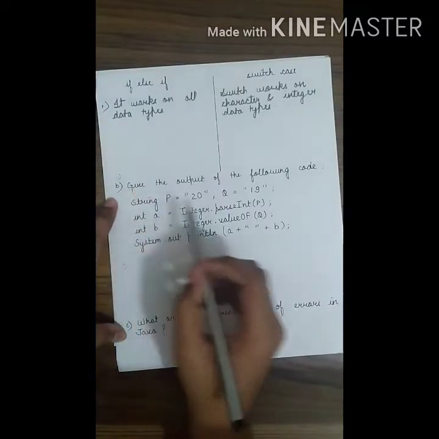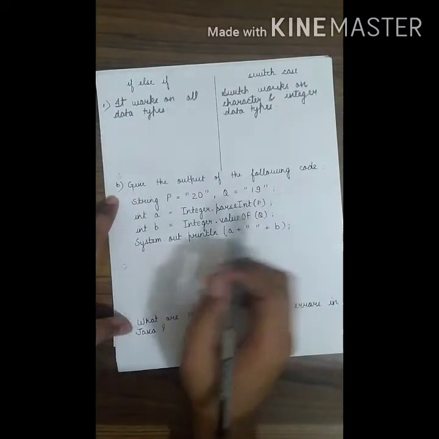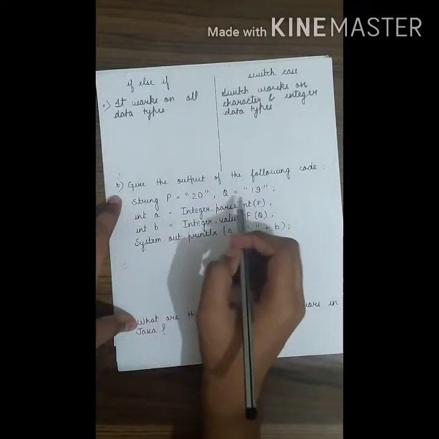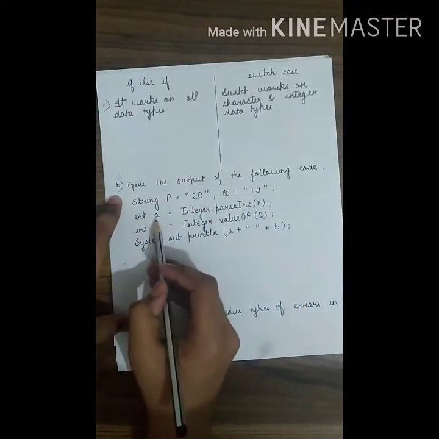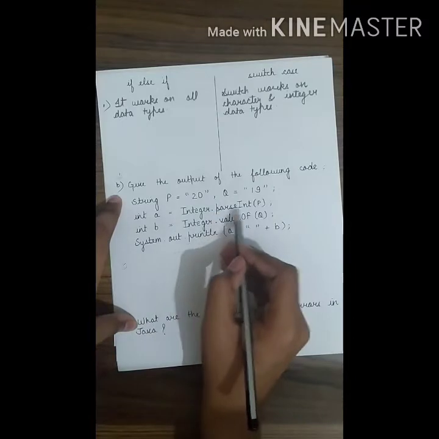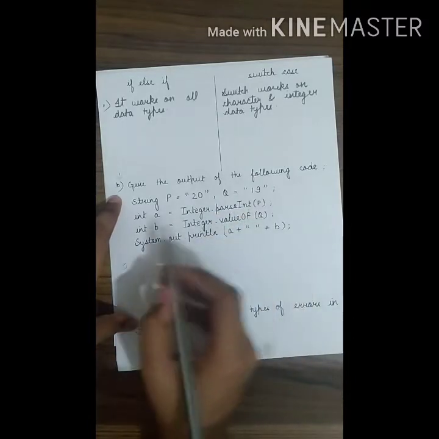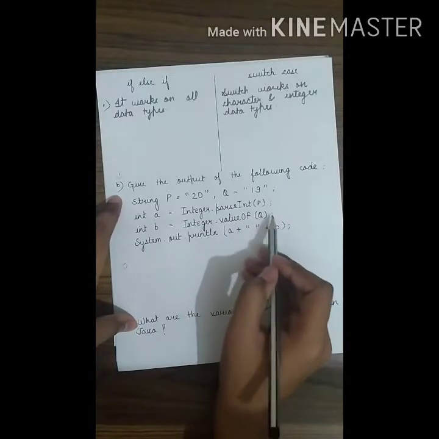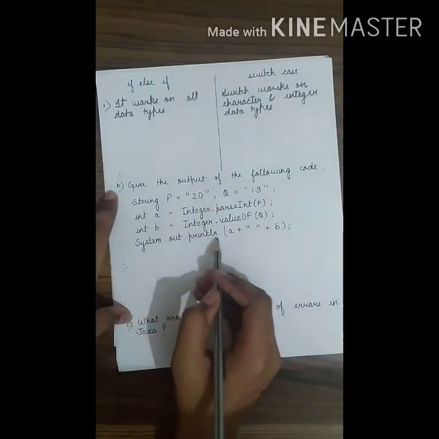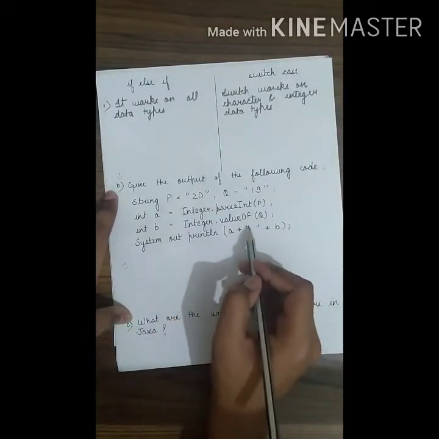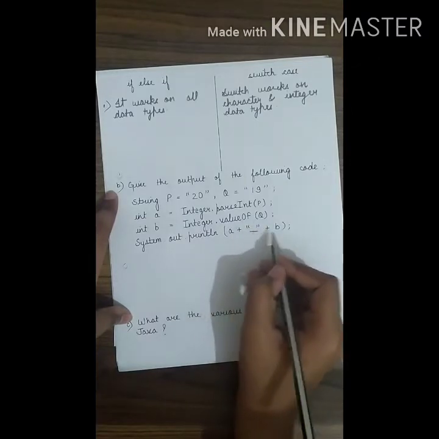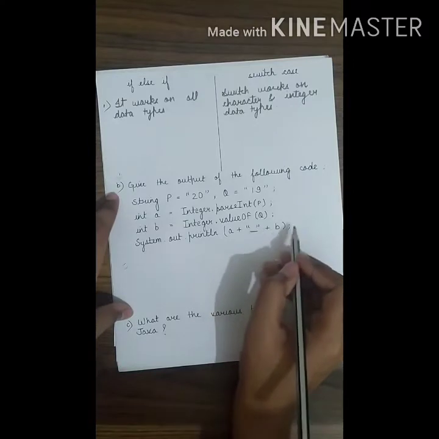B part: give the output of the following code. String p is equal to 20, q is equal to 19, int a is equal to Integer.parseInt(p), int b is equal to Integer.valueOf(q). System.out.println(a + "" + b).